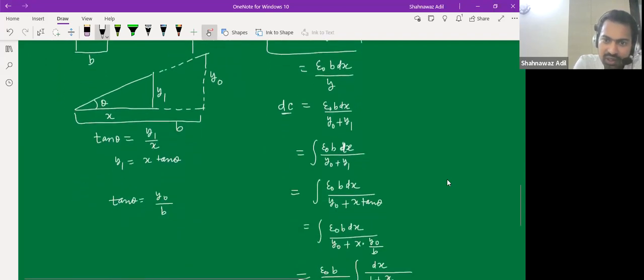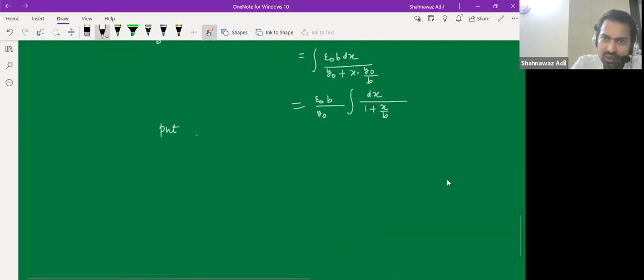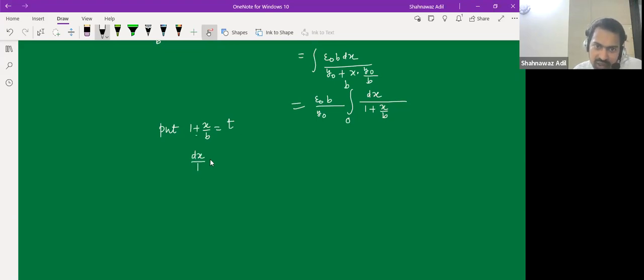So it is going from 0 to b. Now put 1 plus x by b equal to, let me say, t, or whatever function you like. So dx by b is equal to dt, so dx is b dt. Is this clear?